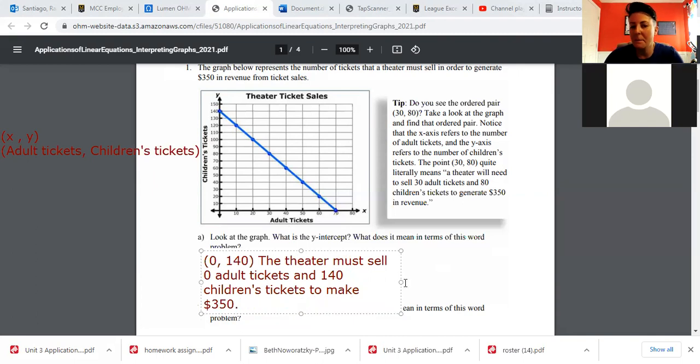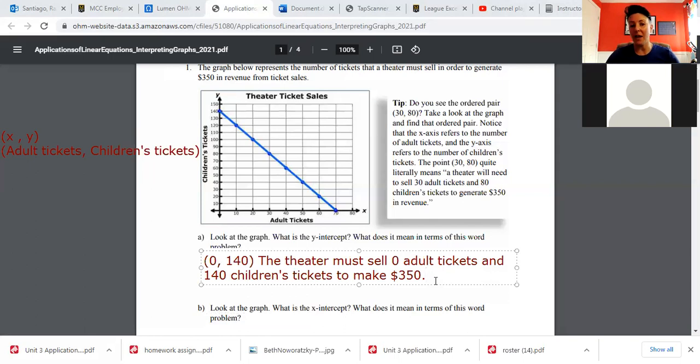That would be one possible description. You also could say when the theater sells 0 adult tickets, they must sell 140 children's tickets to make $350, right? That will also work. It says the same thing.